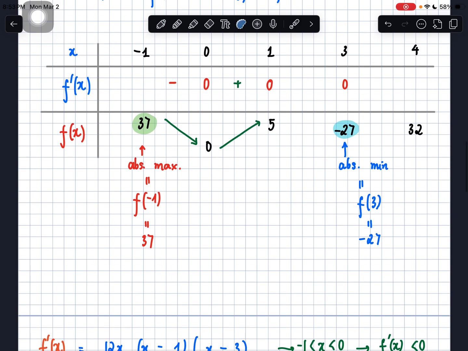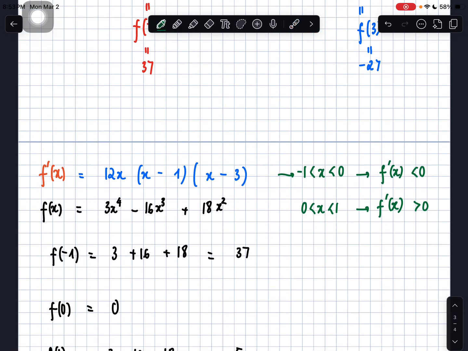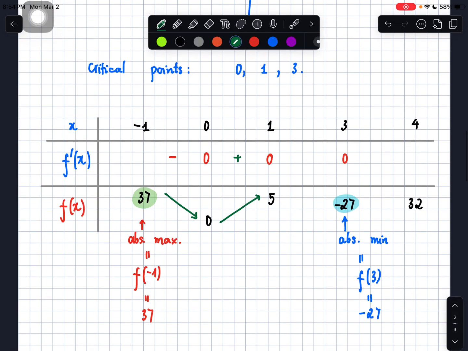Now similarly you do for 1 to 3. For x bigger than 1, less than 3, positive, positive, negative. So f prime of x is negative there. So the function is decreasing, from 5 to minus 27, the absolute minimum.